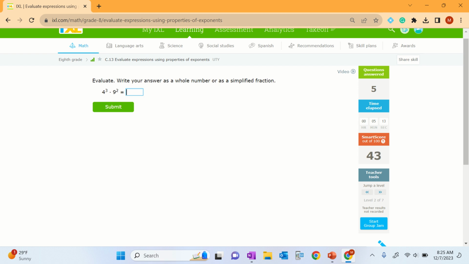4 to the power of 3 multiplied by 9 to the power of 2. Again, we don't have the same exponential base, so we just got to go ahead and multiply. 4 times 4 times 4, that'd be 4 to the power of 3, right? 4 times 4 is 16. 16 times 4, we get 64. We're going to multiply that by 9 squared. That's 9 times 9, which is 81. All right, that's a big number.